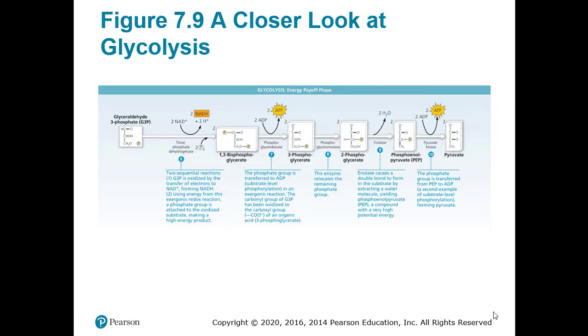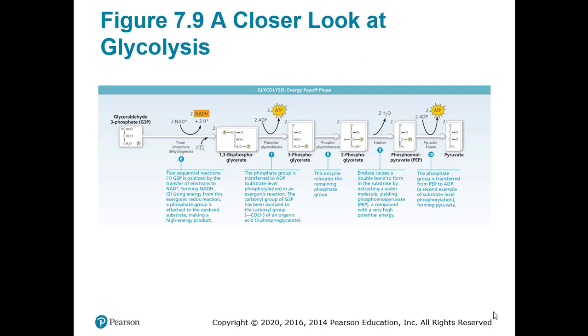All right, now here's the energy payoff, or what we call the energy harvest phase. You have the 2 G3Ps, okay? And again, notice that there are 5 or 6 reactions here. You don't need to know all of them.